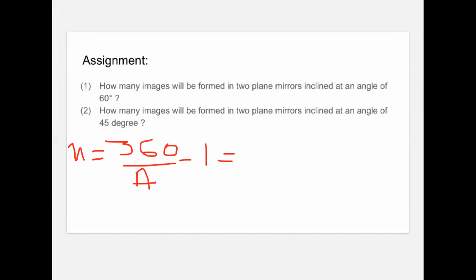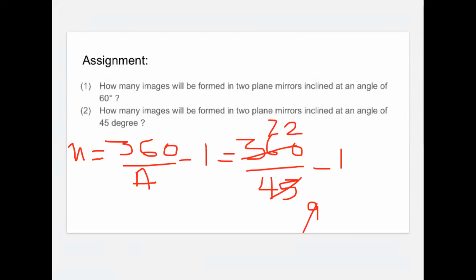So this is nothing but 360 upon 45 minus 1. Definitely, you will get the answer over here. Eight minus 1 is 7 images will be formed if the two plane mirrors are inclined at an angle of 45 degrees.